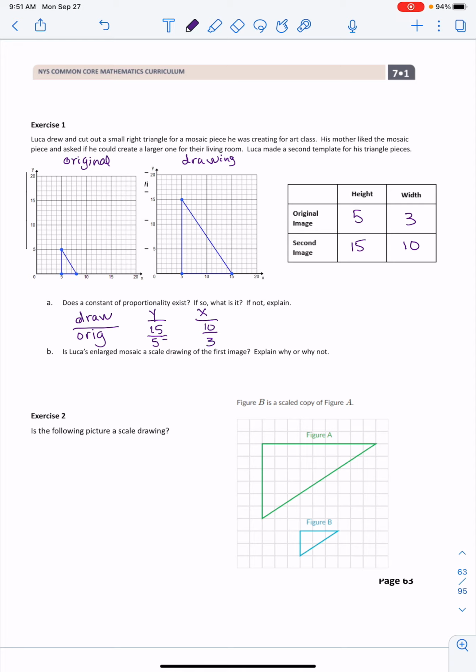We have 3 over 1 does not equal 10 over 3. So the answer is no, we do not. The ratios do not simplify to the same number.